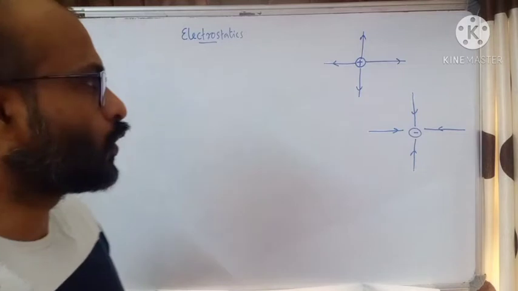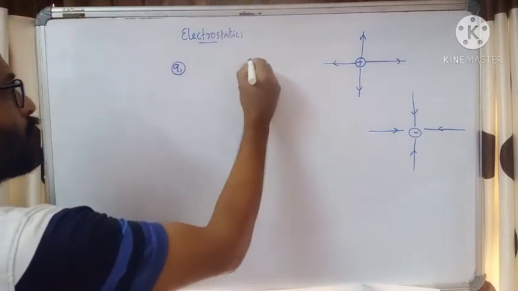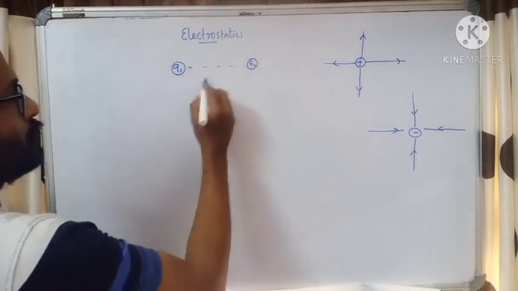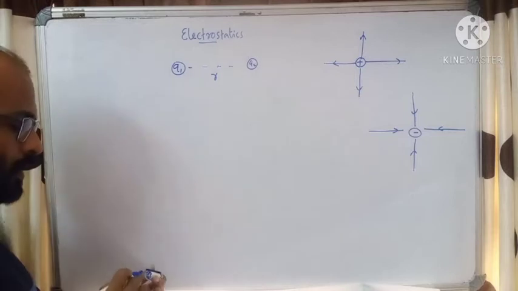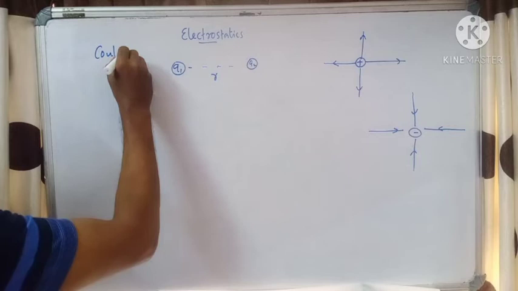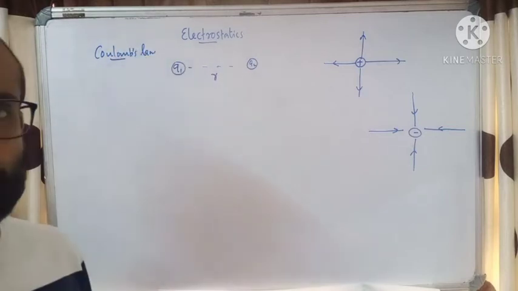According to Coulomb, if you have two charges Q1 and Q2, and R is the distance between them, there will be a force between them.